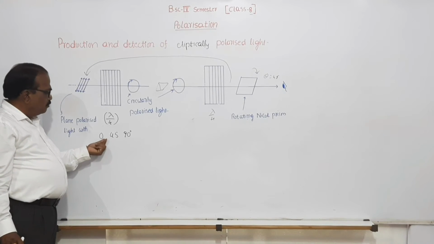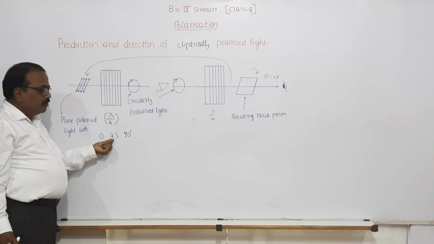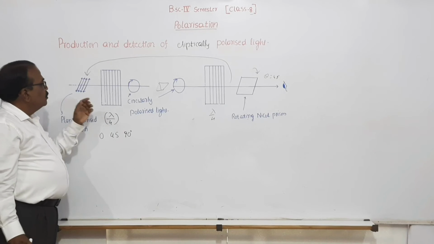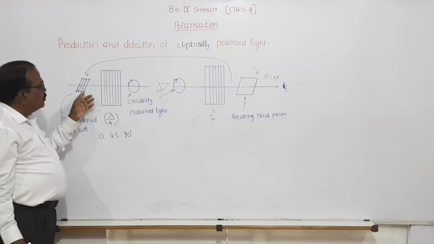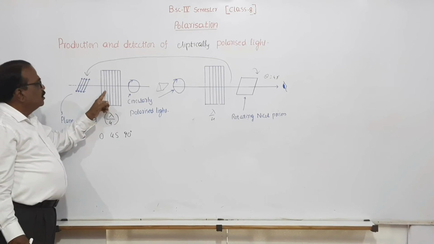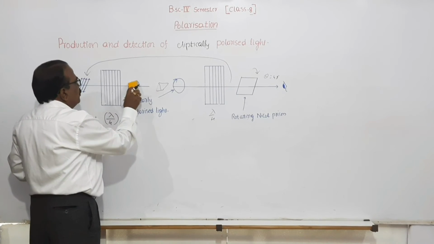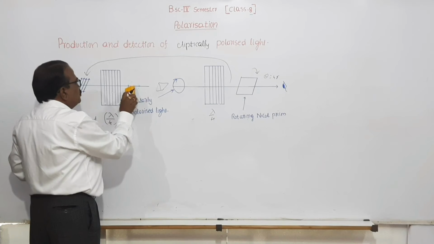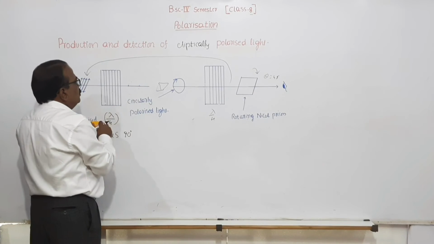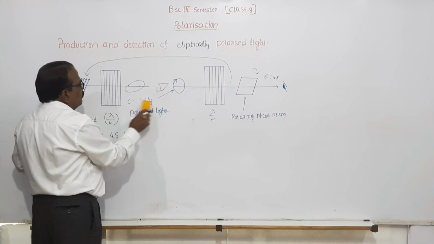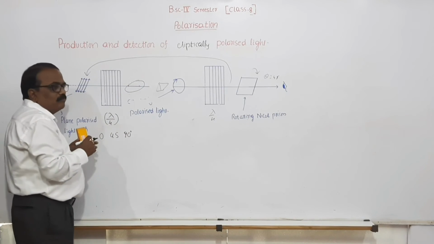It may make an angle between 0 and 45, or between 45 and 90. If such plane polarized light is incident on a quarter wave plate, the light coming out from the quarter wave plate is elliptically polarized.